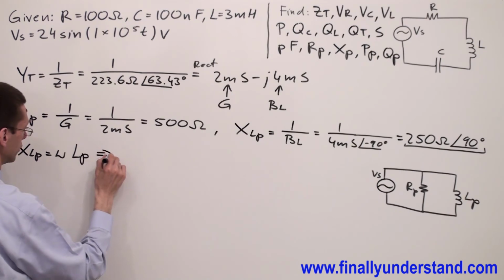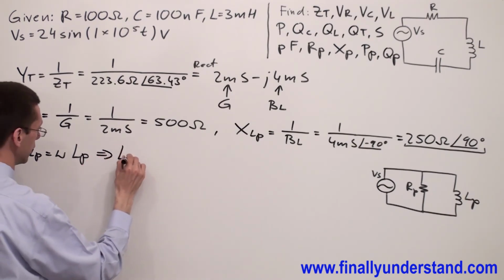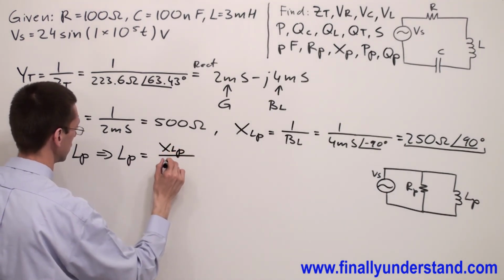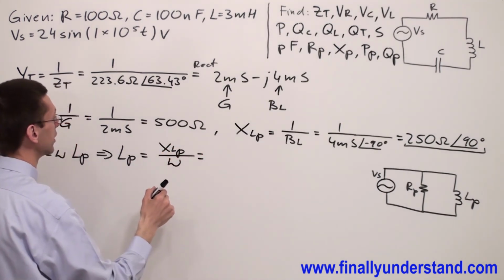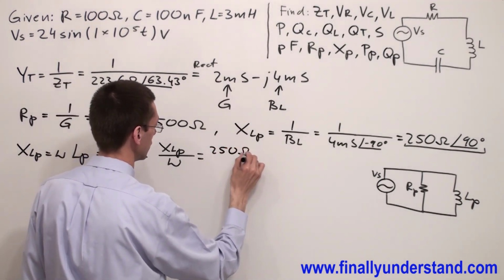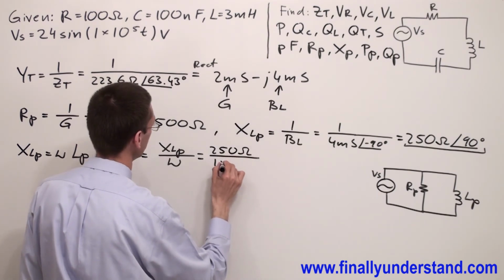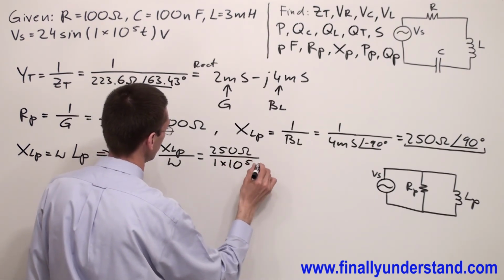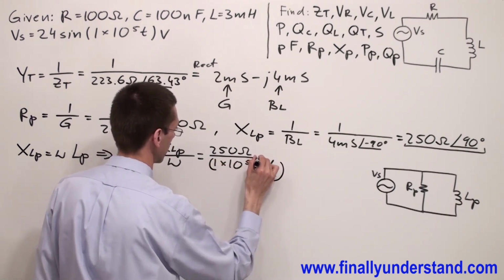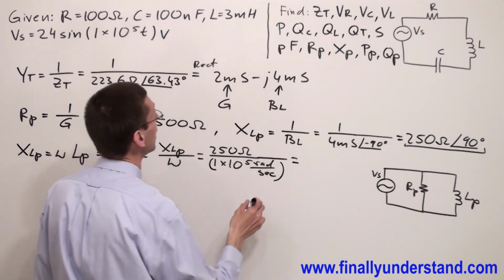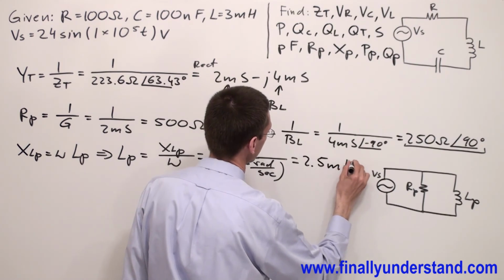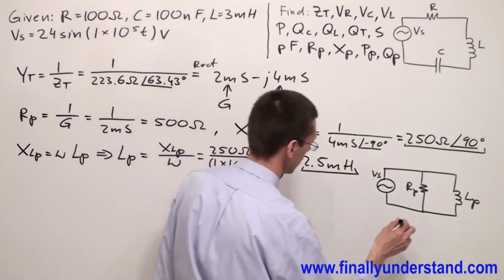So if you solve this formula for LP, LP is equal to XLP over omega. XLP we found is equal to 250 ohms, over omega, 1 times 10 to the 5th radians per second. This is equal to 2.5 millihenries. Okay, so this is my LP.